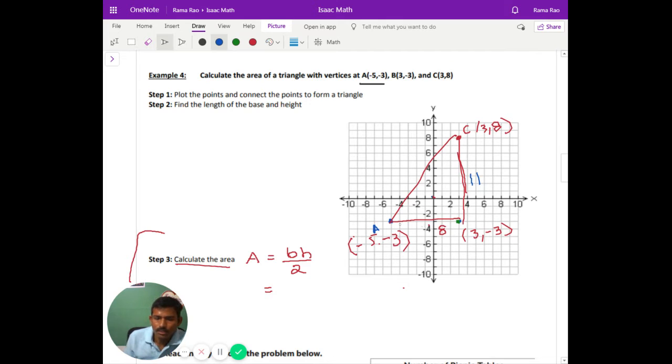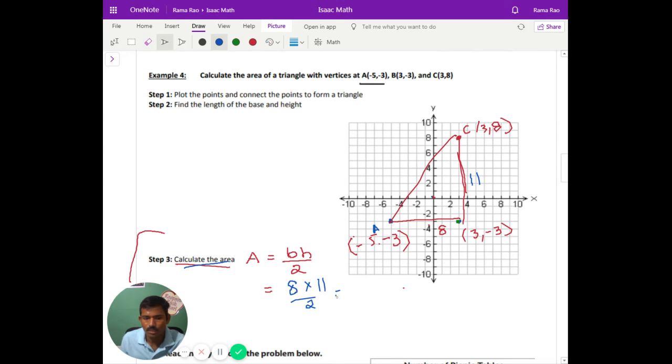So now we've got the base and the height. Once you get that, now I'm finding the area. Area of a triangle is base times the height divided by 2. Now your base is 8 blocks, and the height is 11 blocks, divided by 2.